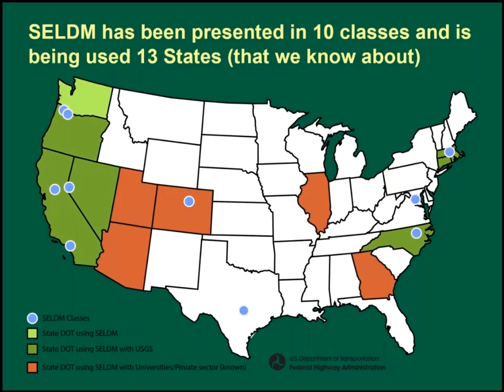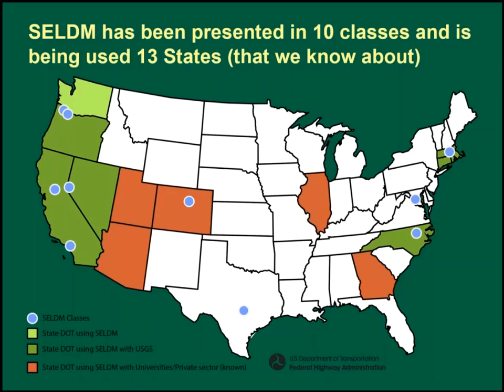Right now, SELDM has been presented in 10 classes and is being used in 13 states that we know about. This map shows the physical SELDM class locations. I don't know how I'm going to put this year's class on the map for next year's class, but the SELDM classes in the past are in blue.